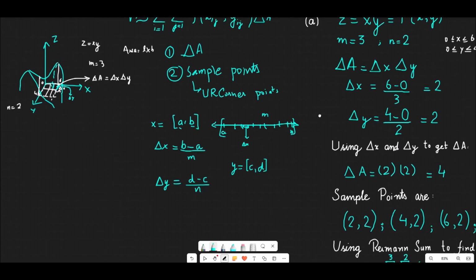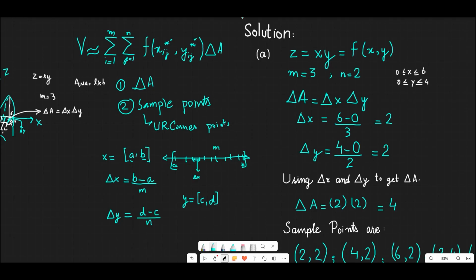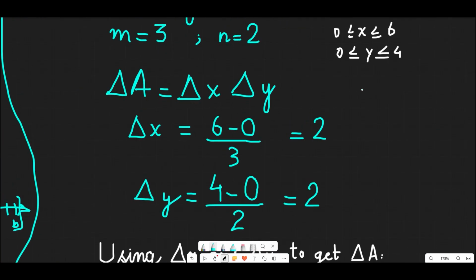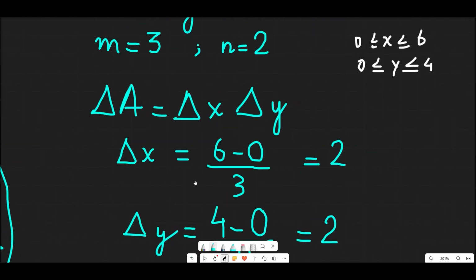Now we'll calculate our delta x and delta y. So here it is. Delta x would be equal to 6 minus 0 divided by 3, where m is equal to 3. 6 minus 0 is 6, and 6 divided by 3 is equal to 2.